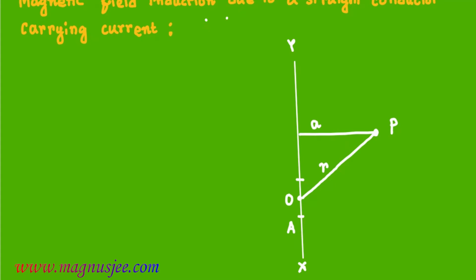The current element AC has the length dl. Vector dl acts from A to C, and current I flows from the end X to Y.